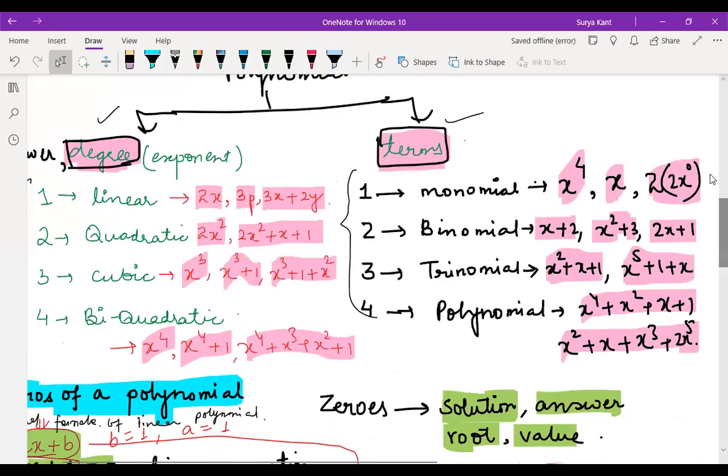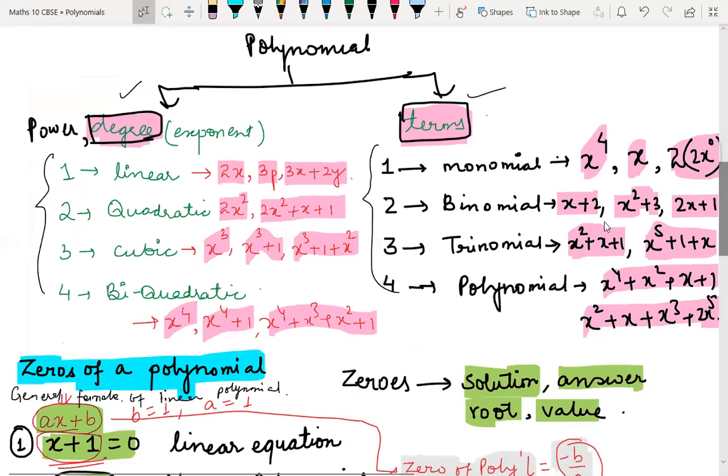Next, polynomials can be bifurcated into two parts. One is according to their degree, and second according to terms. If it is having power 1, power 2, power 3, power 4, okay. If a polynomial is having power 1, we call it a linear polynomial. Examples are 2x, 3p, 3x plus 2y.